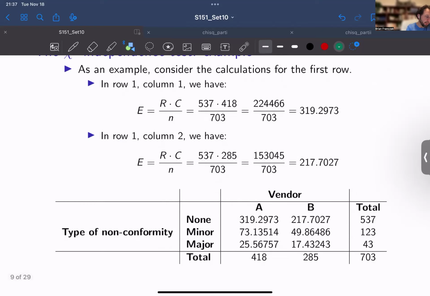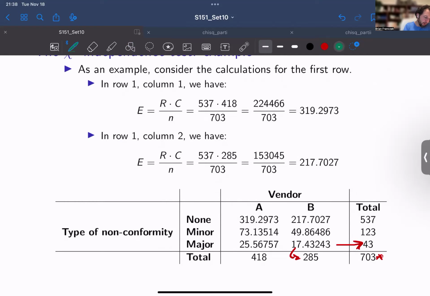So for example, let's say we wanted to do the calculation for the major nonconformity in vendor B. We're going to use this row total. We are going to use this column total, and then everything gets divided by the sample size. Right?